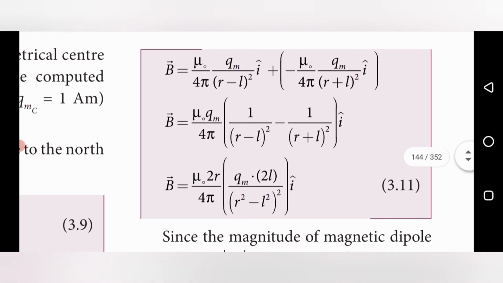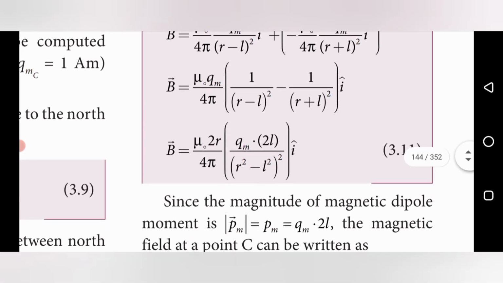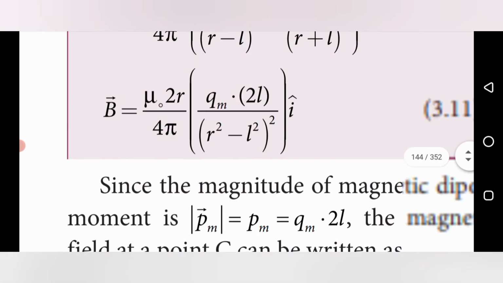In the numerator, we cross multiply: (R plus L) whole square minus (R minus L) whole square. Substitute the general equation for (A plus B) whole square and (A minus B) whole square, cancel the terms, and finally you will get Qm into 2L. That is the simplified value. So finally you get the equation of the B vector equal to mu naught by 4 pi, Qm into 2L times 2r, divided by (r square minus l square) whole square.